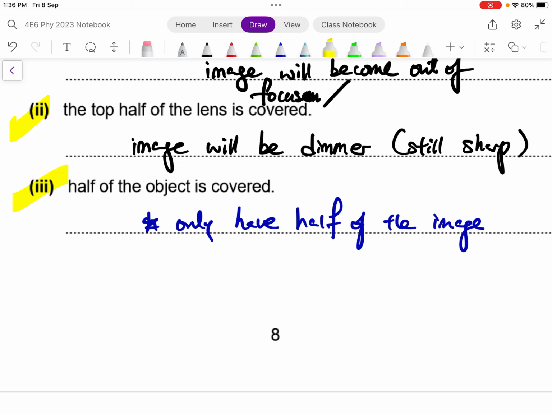And if your source is covered, then obviously you lose half the information. So your image will be half, right? You deleted 50% of the source, so obviously you won't have 50% of the outcome, right?